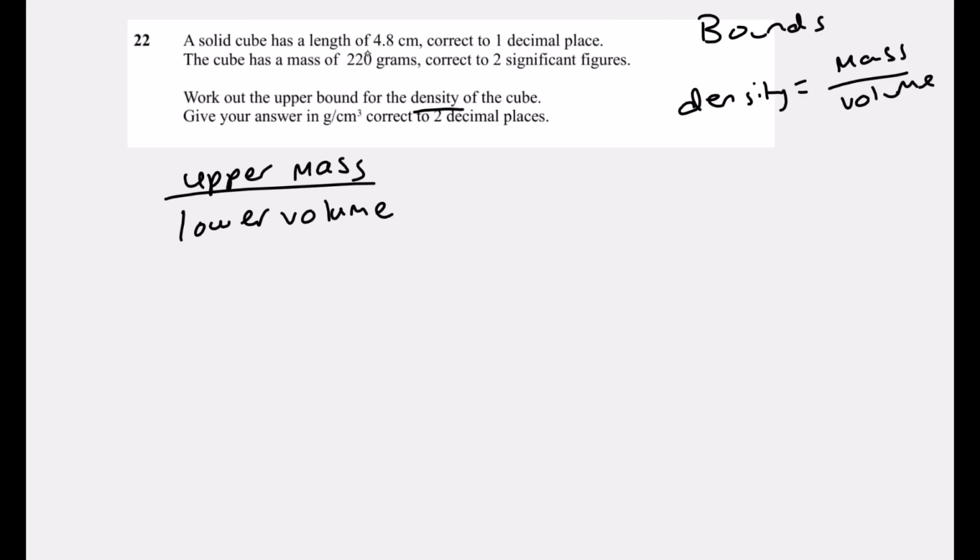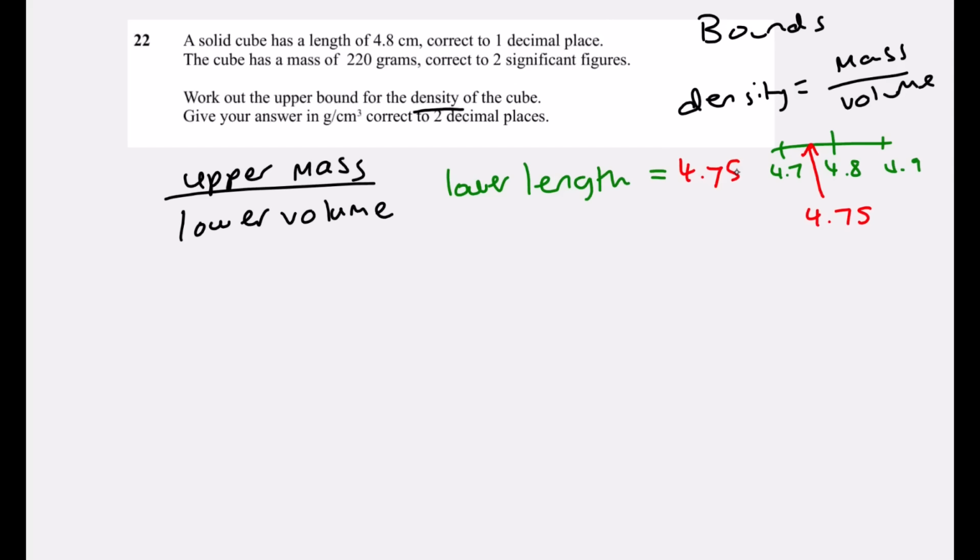So the volume, we know the length is 4.8 to 1 decimal place. We want the lower length. So if it's 4.8, the one up is 4.9, the one down is 4.7. We want to go halfway, 4.75. So the lower bound for length is 4.75.